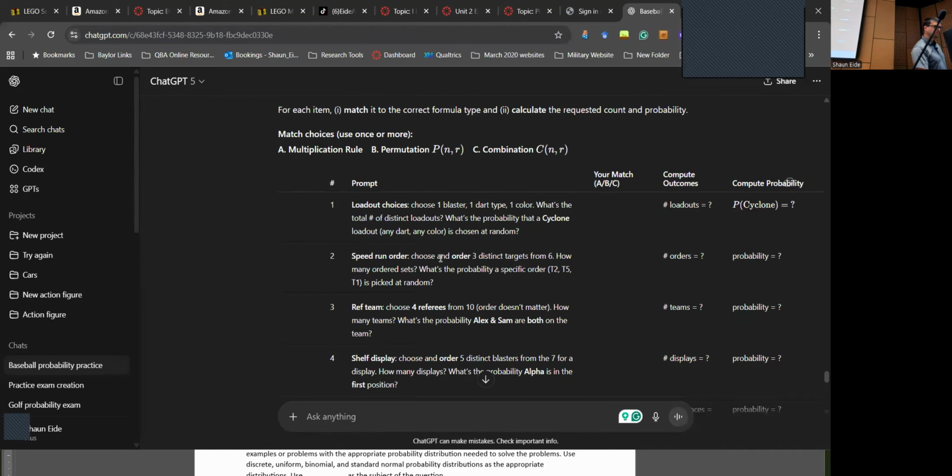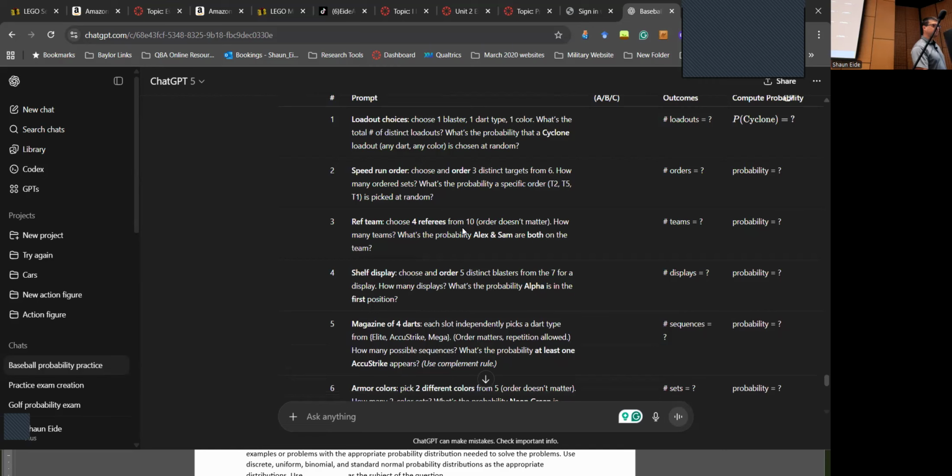Next. Choose 4 refs from 10 players, and it doesn't matter how many teams. What's the probability that Alex and Sam are on the same team? But choose 4 from 10. How do we do this? Combination. Okay, so how do I do combination?